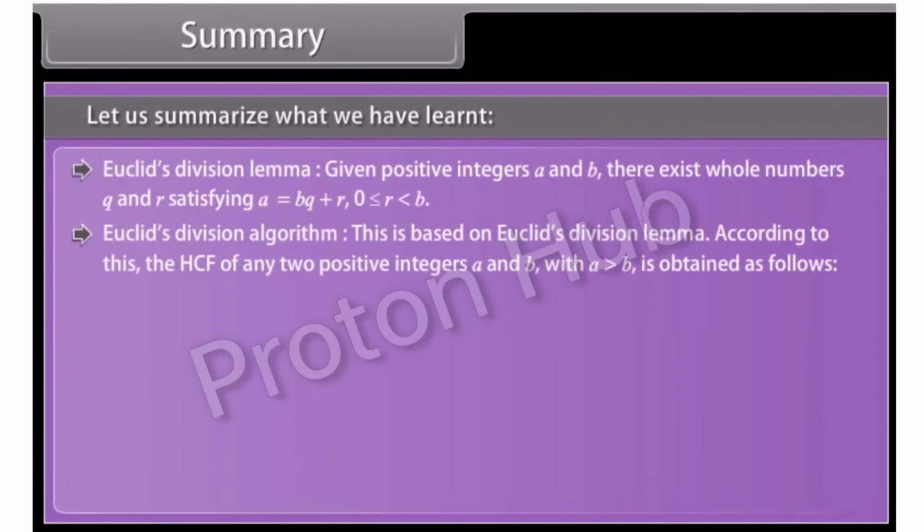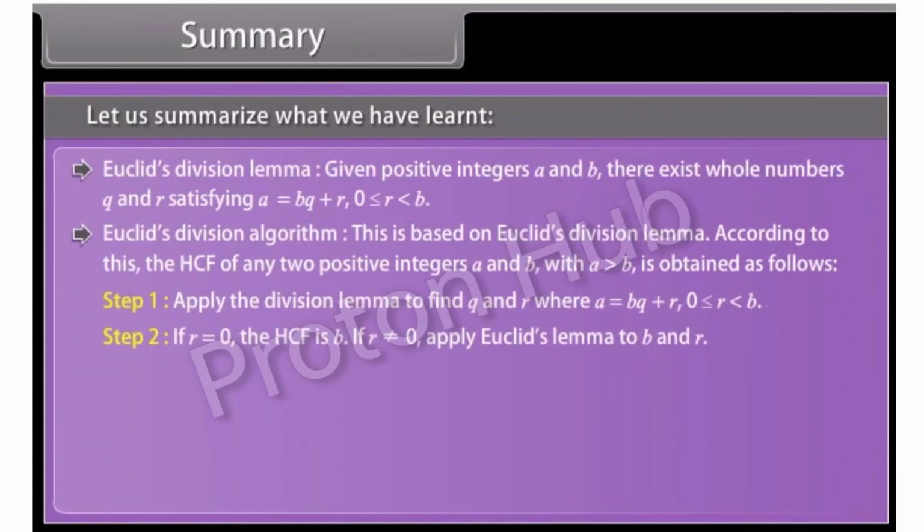Euclid's division algorithm. This is based on Euclid's division lemma. According to this, the HCF of any two positive integers a and b, with a greater than b, is obtained as follows. 1. Apply the division lemma to find q and r, where a = bq + r, 0 is smaller than or equal to r, which is smaller than b. 2.